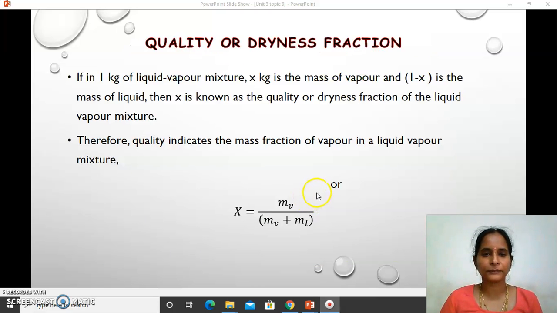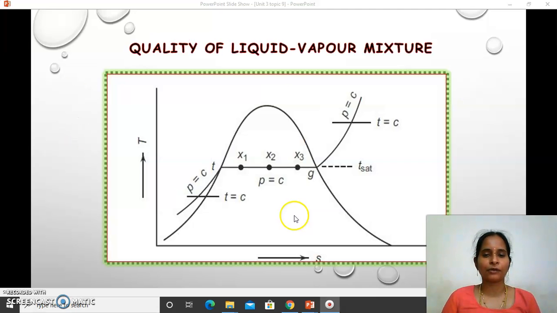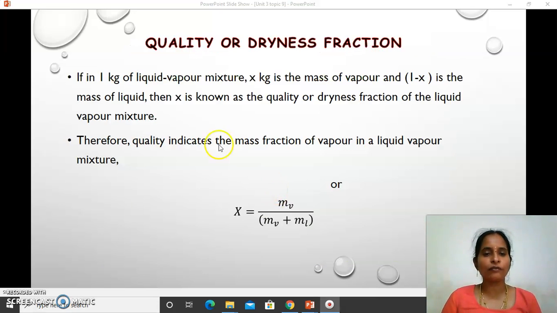Okay, and the quality or dryness fraction definition: take 1 kg of liquid vapor mixture. You are taking some sample in this region, 1 kg, which consists of both liquid and vapor. Now you are testing the sample, and you find that x kg is the mass of vapor.